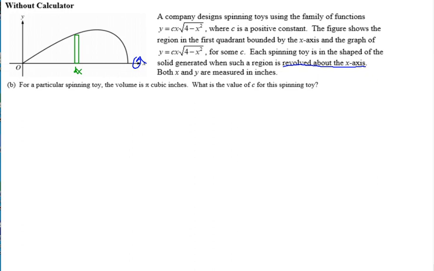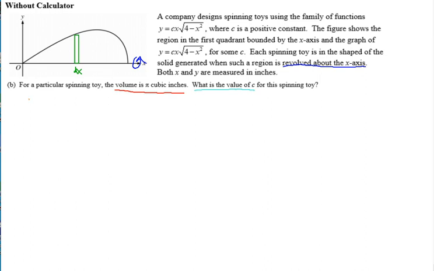It says for a particular spinning toy, they actually tell you what the volume is, pi cubic inches, and it asks, what is the value of c for this spinning toy? So on this one, we have to figure out what the constant is.